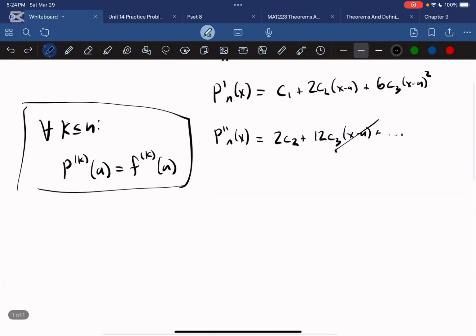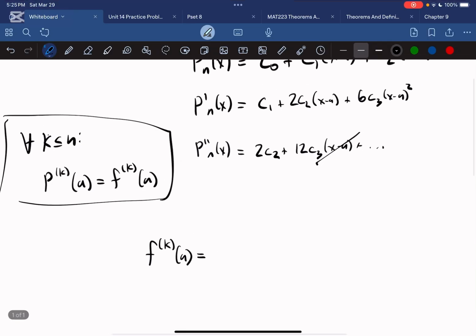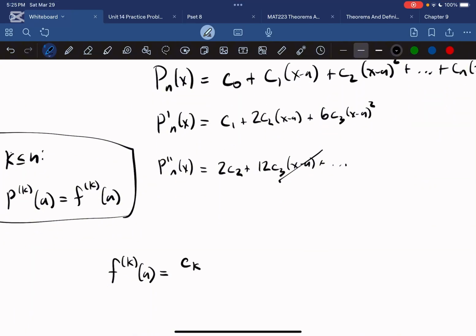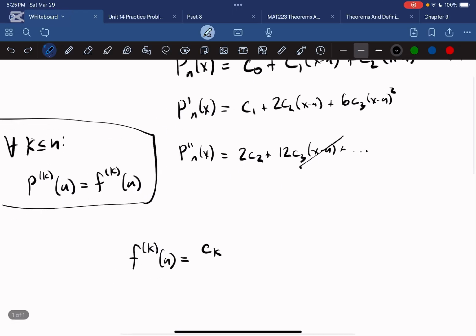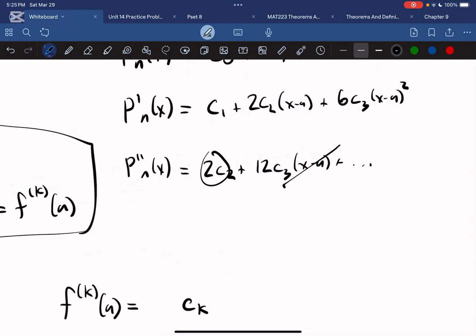This means we have this formula: f at a is equal to pk of a. But we know this is just equal to something about ck, right? C0, C1, C2, right? But there's a bit more to it, because we also multiply by some constant sometimes, right? Like here we turn to a 2, right?